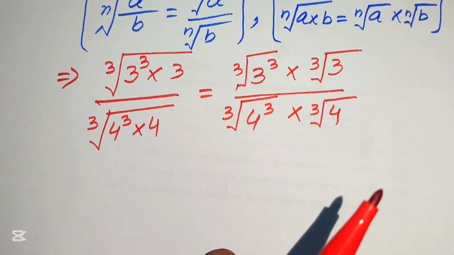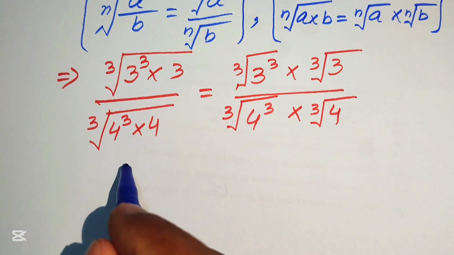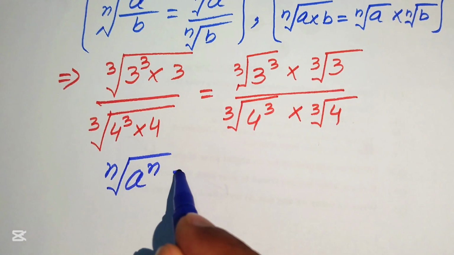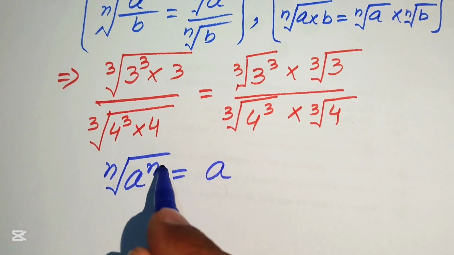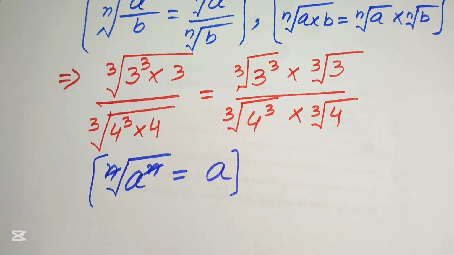Okay, so after this step, here we use another radical law. So you know about this law: if we have the nth root of a to the power of n, it is equal to a. It means that this n is cancelled out by this n, and we again get our a.